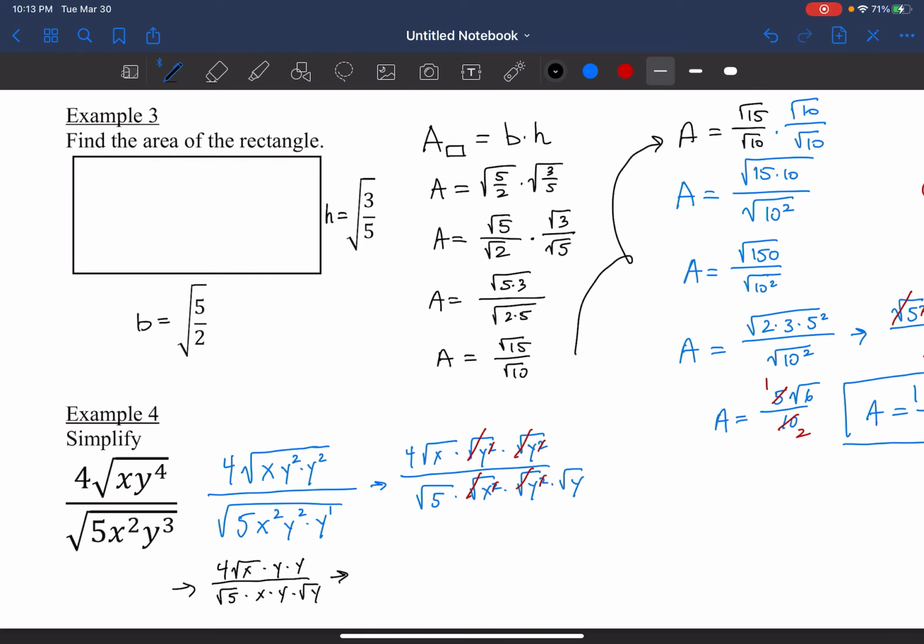Now to rearrange stuff, since these are outside, I can multiply that with the 4. I'm going to get 4y squared. And then the square root of x all over xy times the square root of 5y.